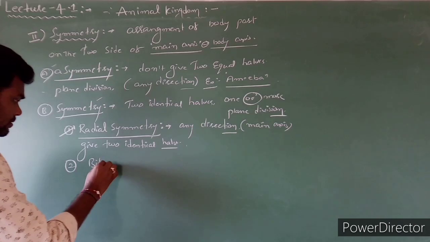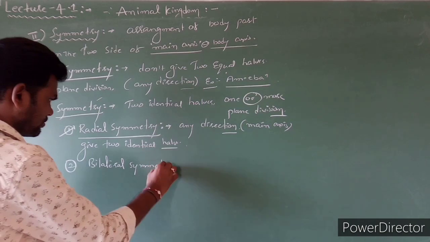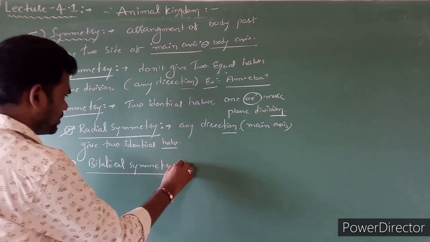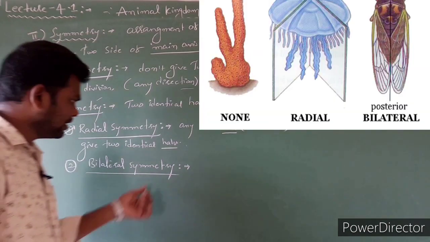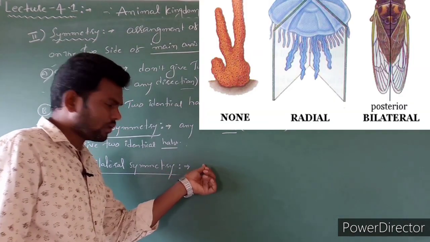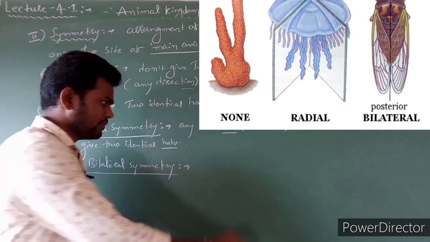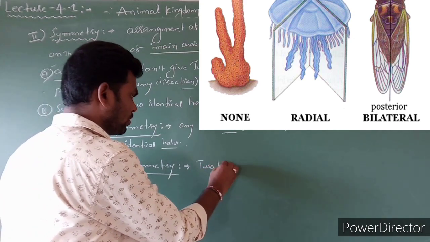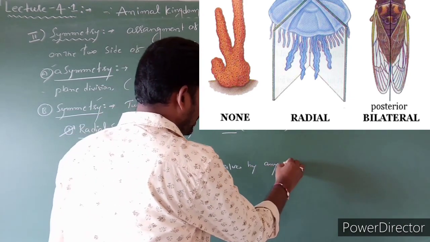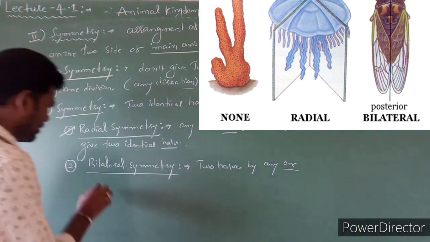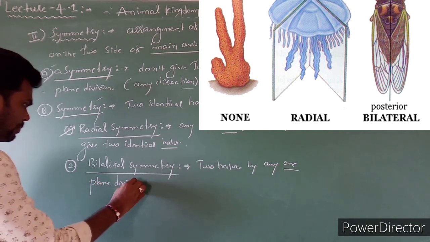Next one is bilateral symmetry. In this case, what happens? It will give two equal halves by any one plane division.